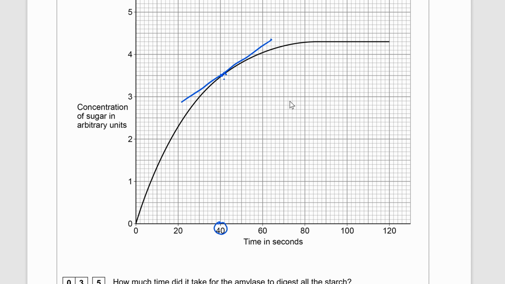A gradient can only be found when there is a straight line, so we've manufactured a straight line and are now going to find our gradient. So once we've done our straight line, we are then able to make a small triangle, which is going to enable us to find 2 points on our x-axis and 2 points on our y-axis.